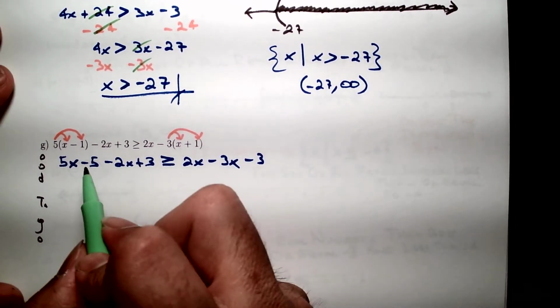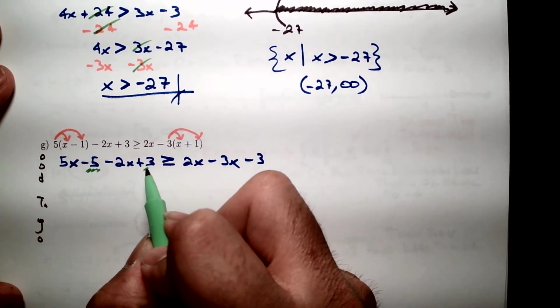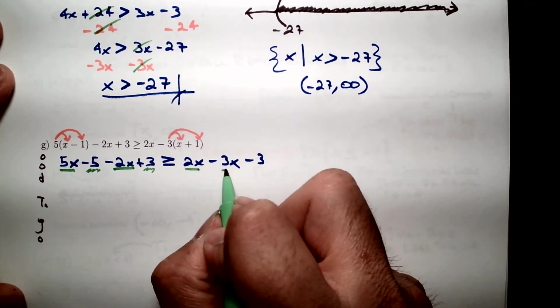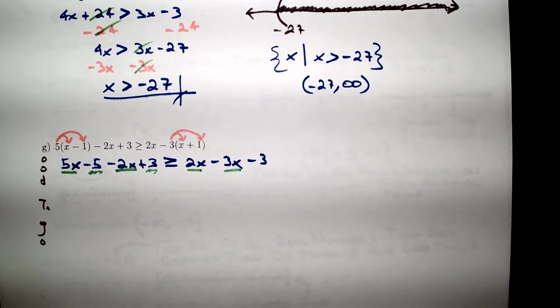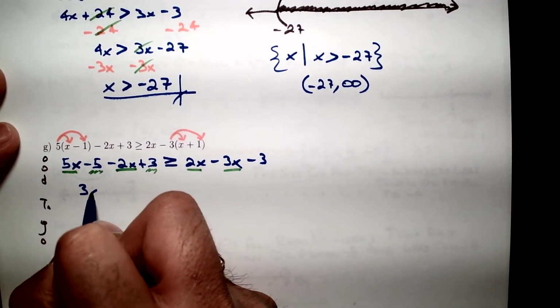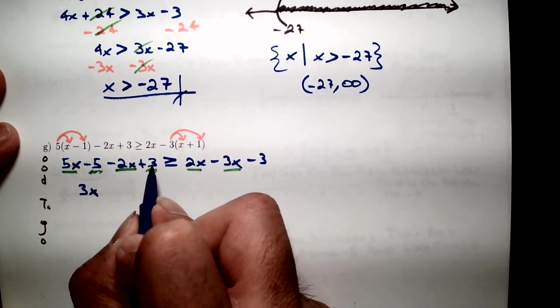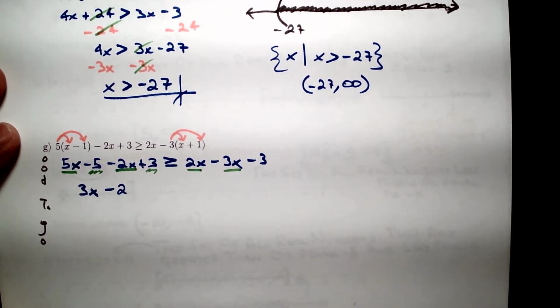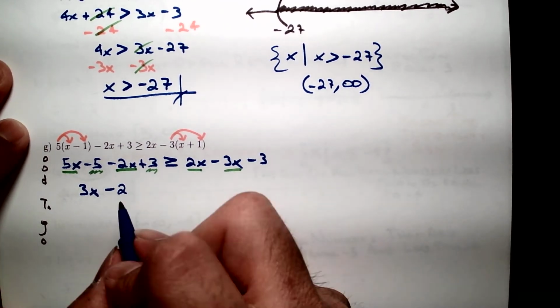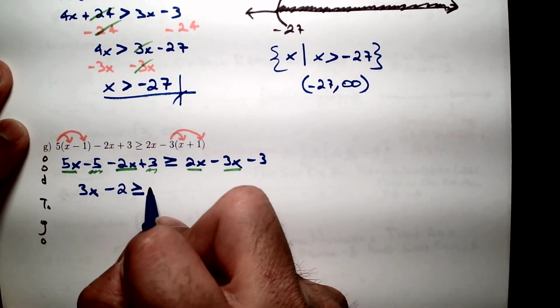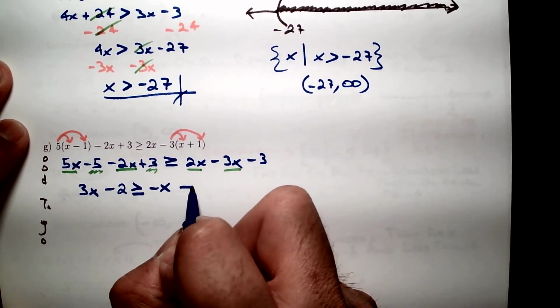So I'm going to combine numbers with numbers, x's with x's on each individual side. All right. So 5x minus 2x, that's going to give us 3x. Negative 5 plus 3, that's going to give us negative 2. Okay. Greater than or equal to x minus 3x, that's going to give us negative x, and then minus 3.